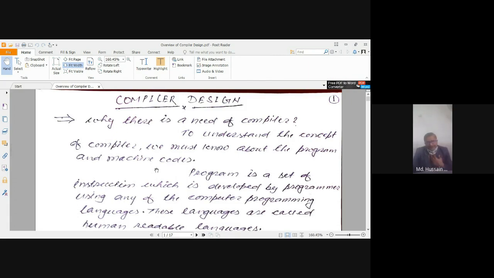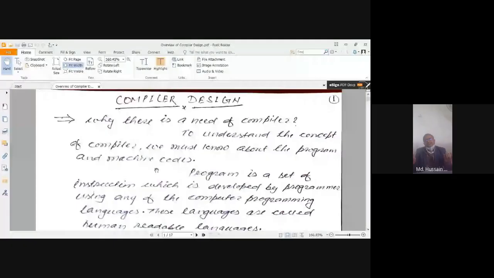In the opposite way, if we write the program in a high level language, then we as human beings are in a comfortable position to write the program. But one problem is there: machine understands machine code written in 0101, and we as human beings write the program in a high level language that is a human readable format.